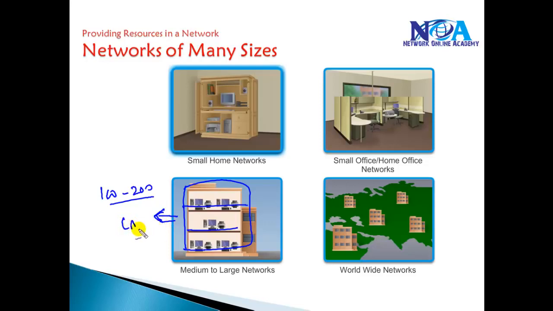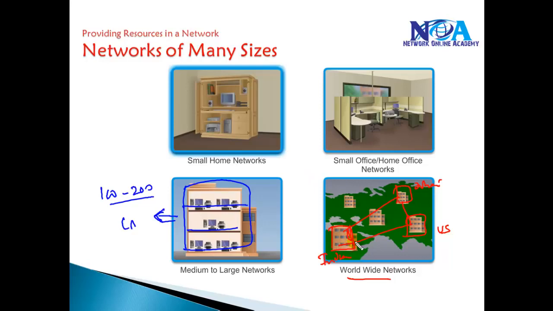Generally we call it a medium to large network. And we can have some very big networks, like I have a branch office in India, another branch office in Dubai, and one branch office in the US, and I'm connecting all these different locations. We call this a worldwide network, where all the branches are connected to each other.